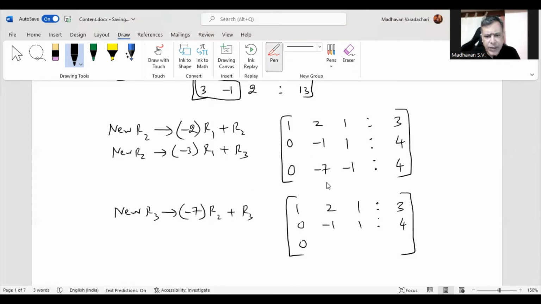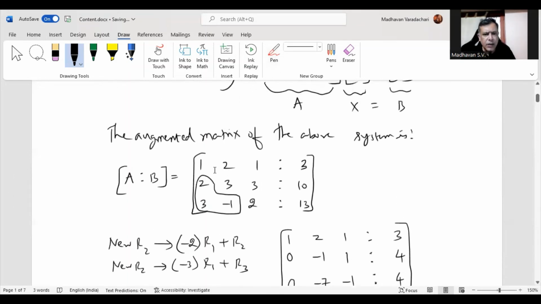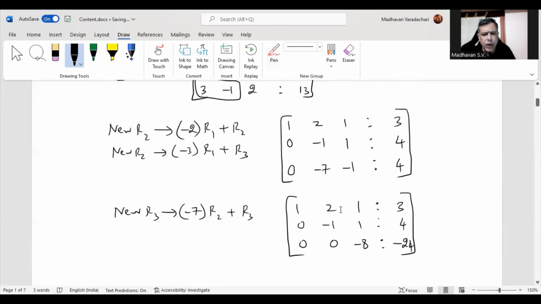Positive 7 minus 7 is 0. And then minus 7 into 1 is minus 7. Minus 7 minus 1 becomes minus 8. And then minus 7 into 4, which is minus 28. Minus 28 plus 4 becomes minus 24. So we converted the original matrix, whatever A matrix was there, into an upper triangular matrix.